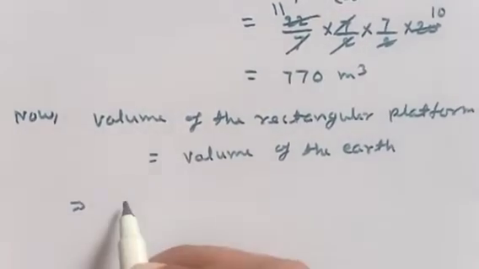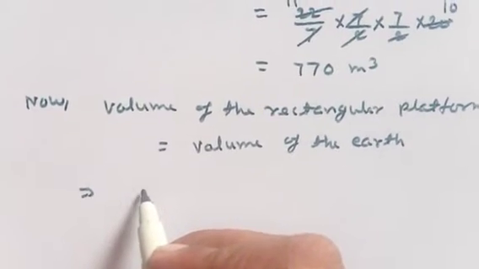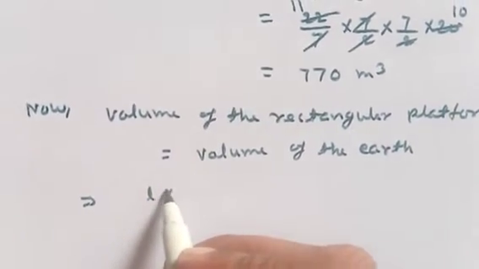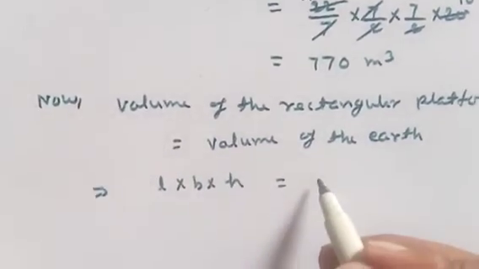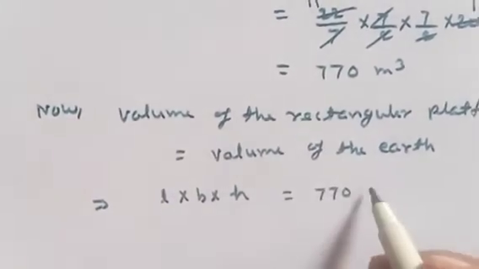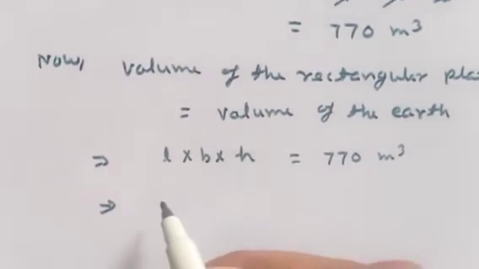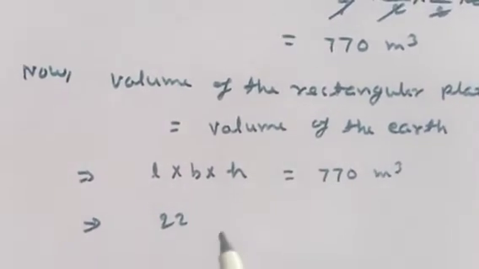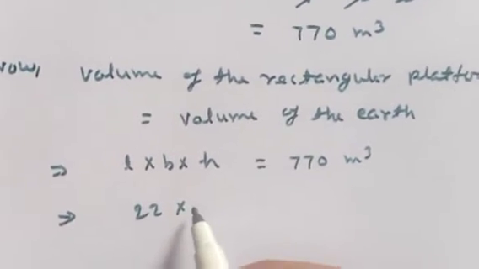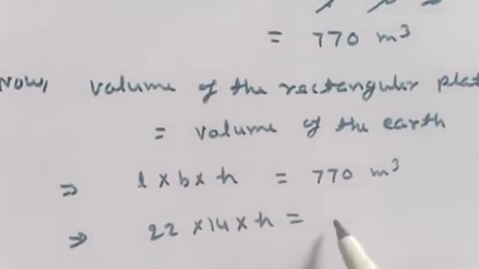So volume of rectangular platform means length into breadth into height, equal to 770 meter cube. Length of platform is given 22 meter and breadth is 14 meter, and h you have to find.